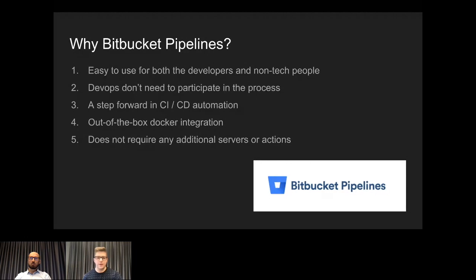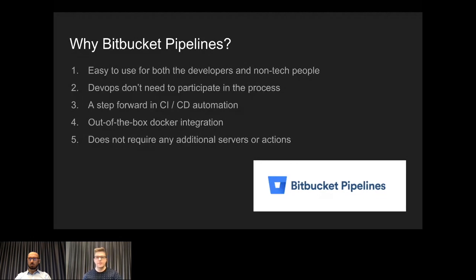Editing environment variables can be frustrating for both the developers and the DevOps team to handle and to make sure everything is synchronized, so that all the environment variables are always added to the process and always updated. Also, it's a step forward, at least in our opinion, in CI and CD automation. It also has out-of-the-box Docker integration, which is great.